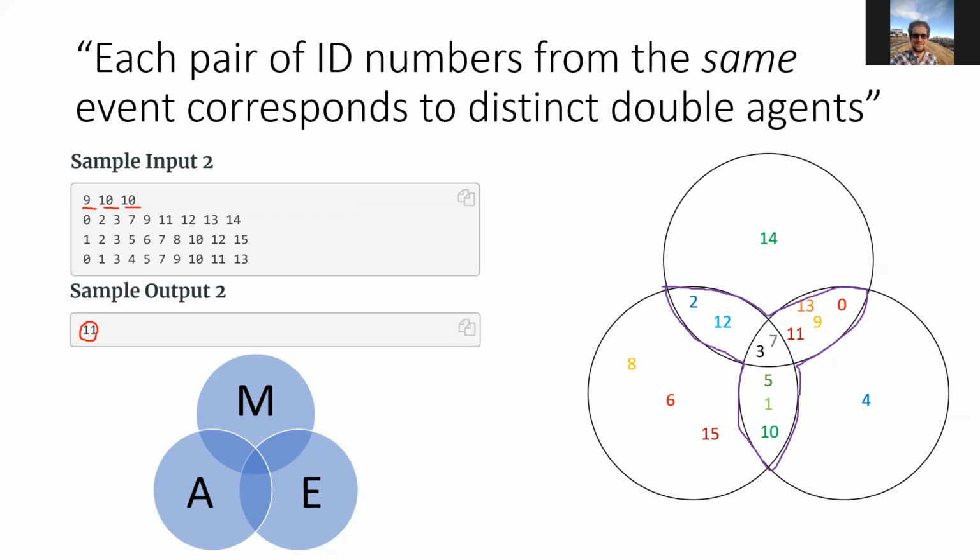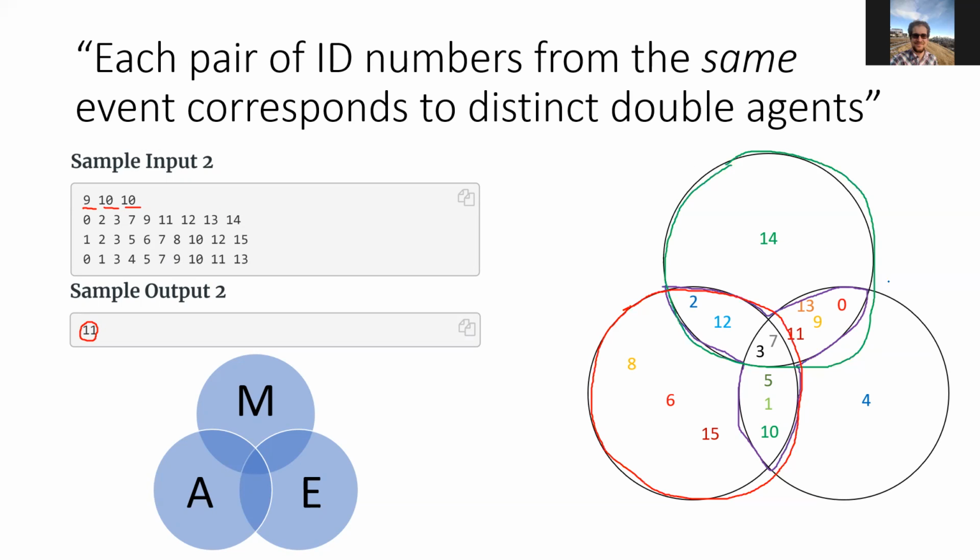Well, we know from what I was saying earlier that this group in the morning will correspond to all different colors, or all different double agents. This afternoon group will correspond to all different colors, or all different double agents.